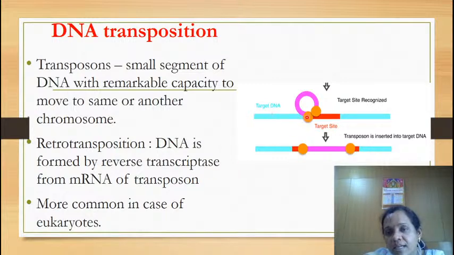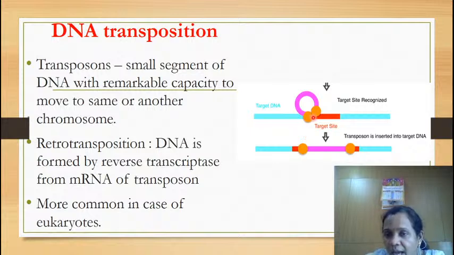So this is a target DNA and this is a target site. This is a transposon that has come. Now this transposon will get combined with the target site. It will identify which site it has to go to, and it has to attack this site. So it will come in the presence of endonuclease.